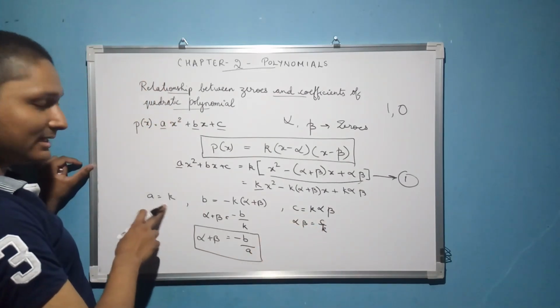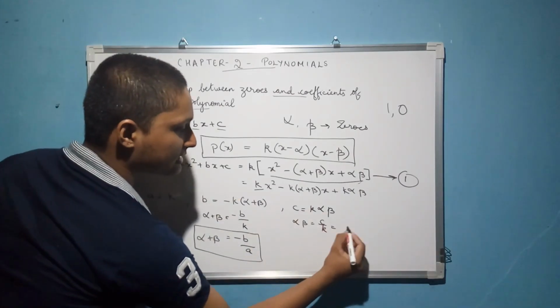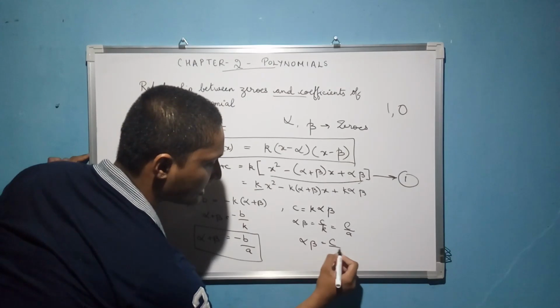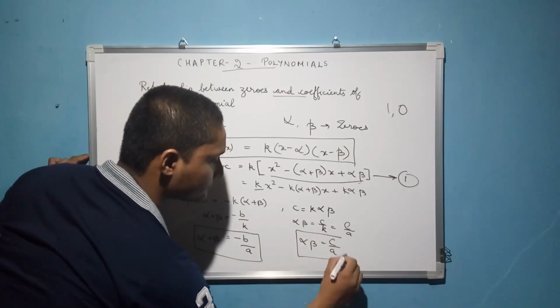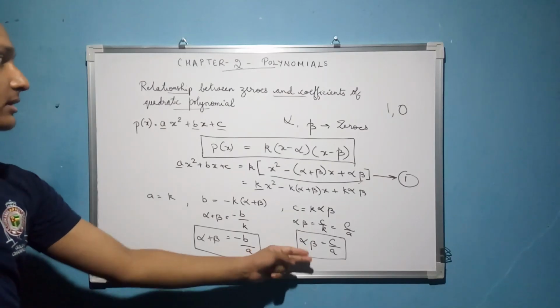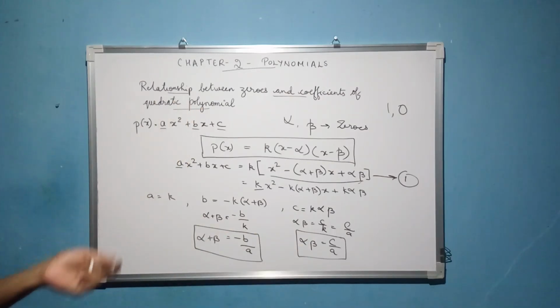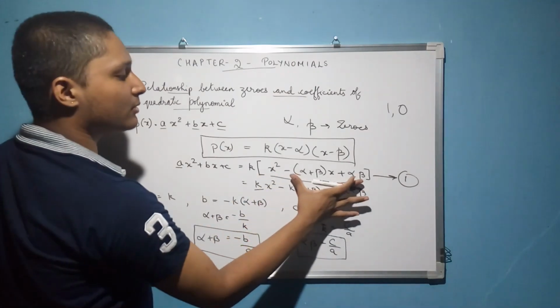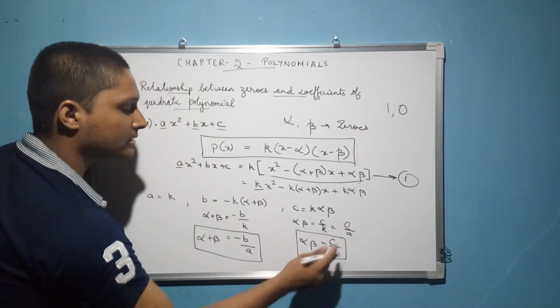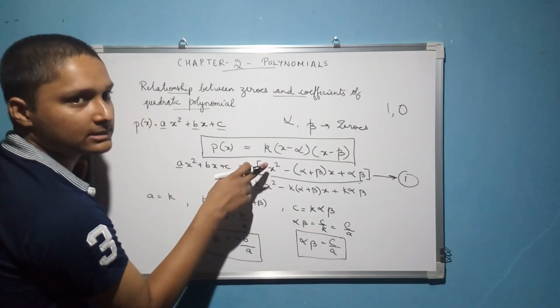From here you found out that k is equal to a, right? So this comes to be c by a. Alpha beta is equal to c by a. This is the second equation, or the relation, that is between the zeros and the coefficients of the quadratic polynomial. So this is an important point, and here also this is one important part. These two things you need to just remember.